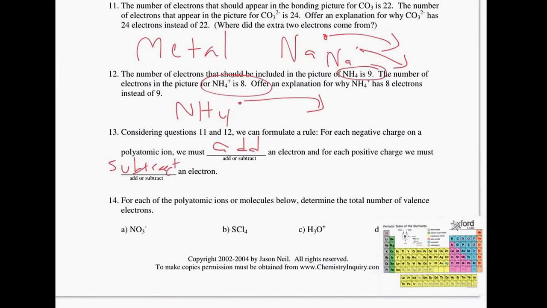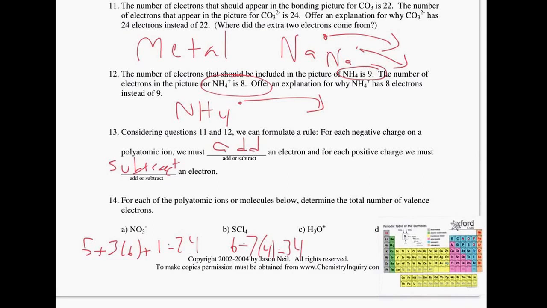For each of the polyatomic ions or molecules, determine the number of valence electrons. 5 plus 3 times 6 plus 1 is 24. 6 plus 7 times 4 is 34.